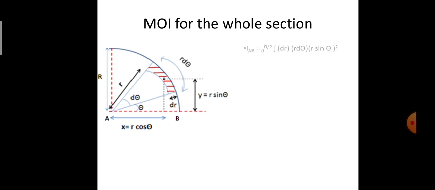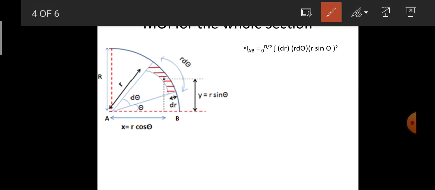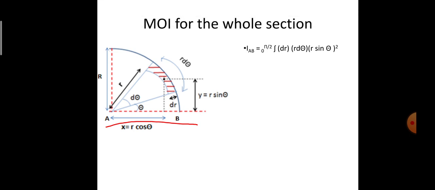Here the base axis I have considered to be AB. So firstly I will determine the moment of inertia with reference to the AB axis, by using the equation I have determined for the elementary section and integrating it between the limits 0 to pi by 2, with respect to d theta.